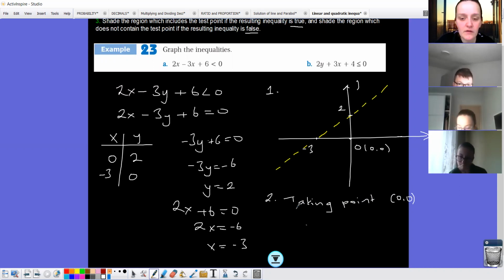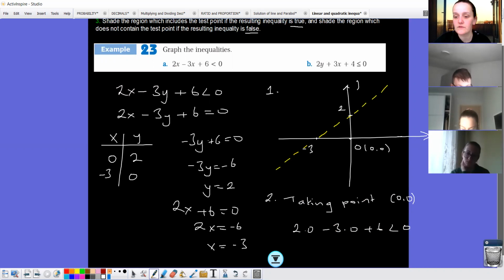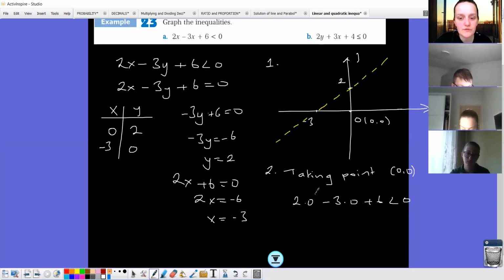I am writing in the inequality 2 times 0 minus 3 times 0 plus 6 is less than 0. Now let's see, the 2 times 0 goes away because it is 0, and we're finding 6 is less than 0. Is this true? No, it is bigger, so it is false.